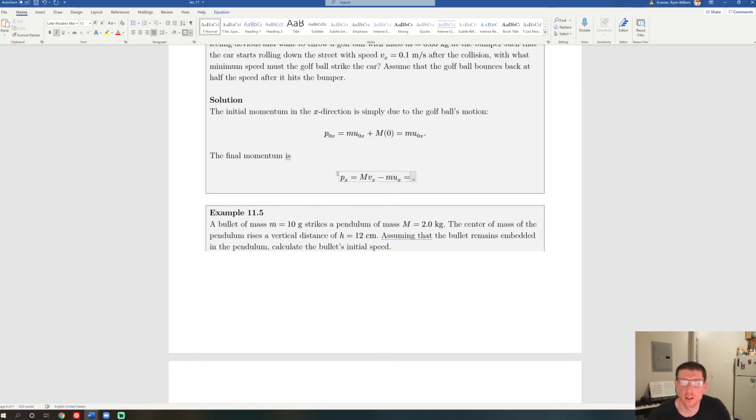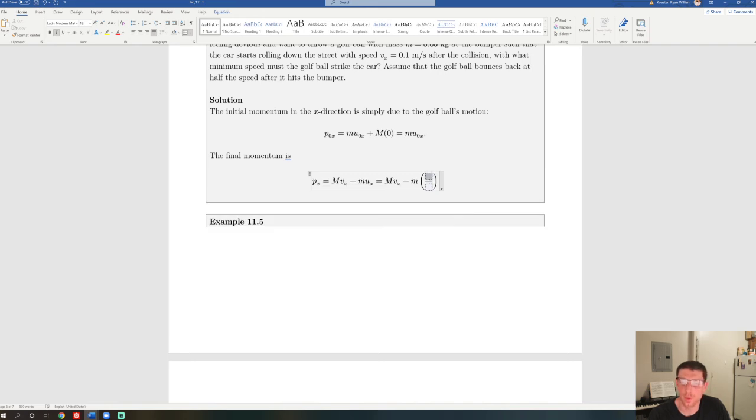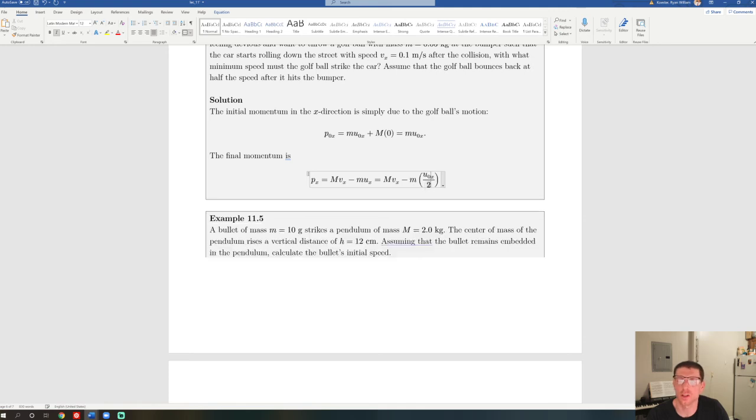And so then let's do this. I'm just going to make a substitution because we know that the final speed of the golf ball is half the initial speed, right? We're told that in the problem statement. So we could just call this u initial over 2. And you might be wondering, why am I using a u for velocity? I don't think it's that uncommon to write a velocity as a u or even a w.